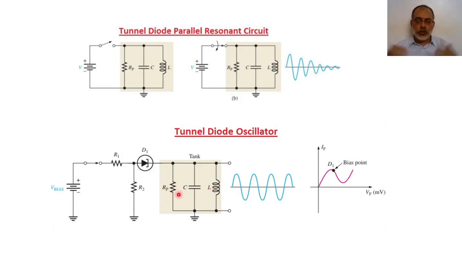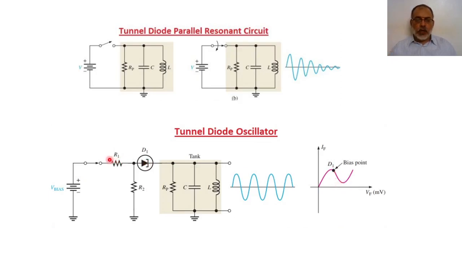This is how to build a simple microwave oscillator using a tunnel diode. And in this case, it is required to adjust the biasing point of the tunnel diode to be exactly at the beginning of the negative resistance region.